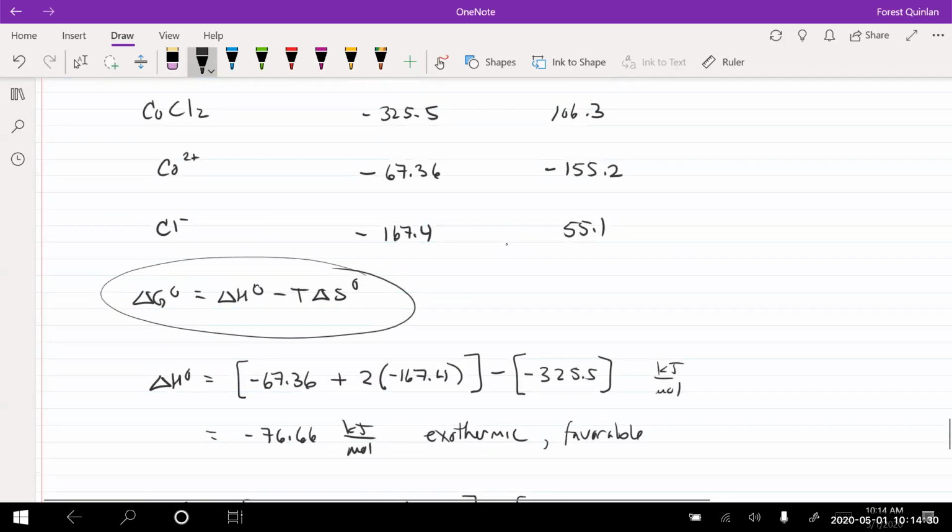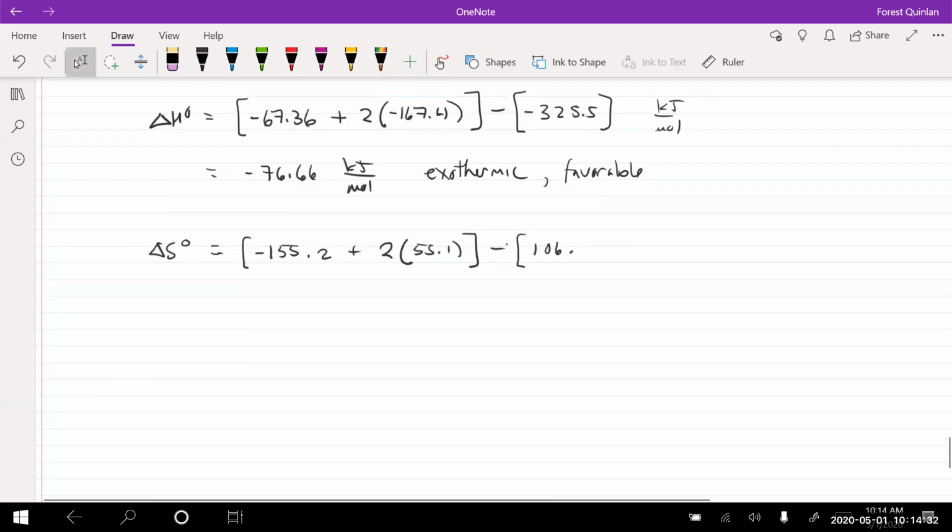Can't read my writing. Now, I want to point out that this is joules, not kilojoules, but joules per mole Kelvin. And that means negative 151.3 joules per mole Kelvin.